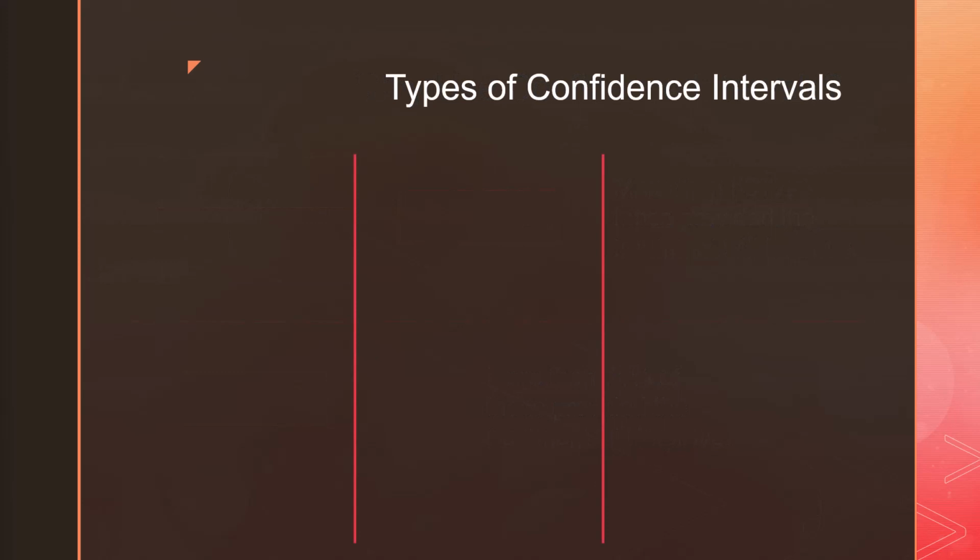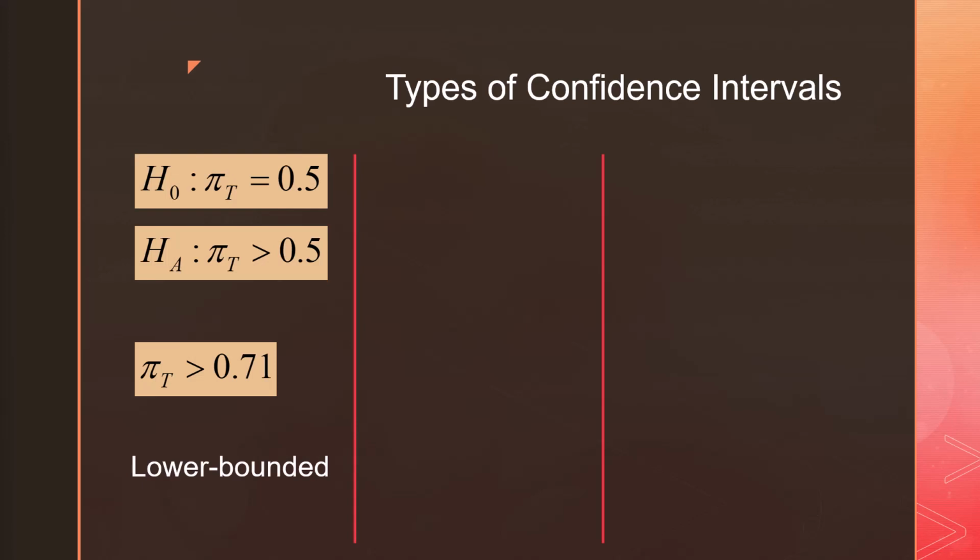Before turning to how we construct a confidence interval, let's pause to recognize that these intervals typically come in three flavors, and that each type of interval is associated with a different format of the hypothesis test. If we might test an alternative hypothesis to see if the proportion improved is above some value, then that will correspond to the construction of a lower bounded interval that tells us the specific value.